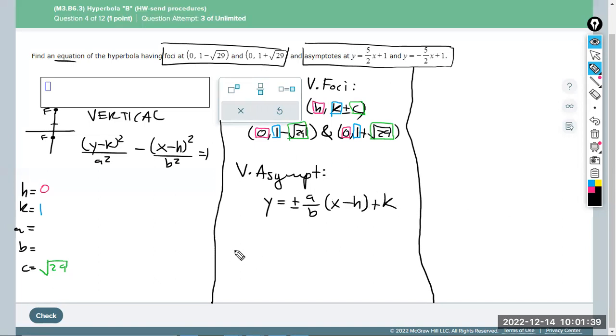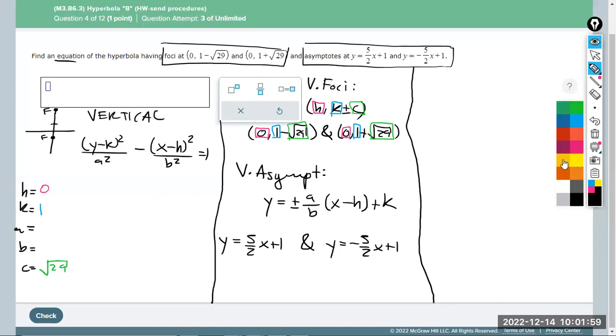We're given these two equations for the asymptotes: y equals 5 divided by 2 times (x plus 1), and y equals minus 5 divided by 2 times (x plus 1). And this is the same case. Whatever happens, x is going to be multiplied by this quotient.